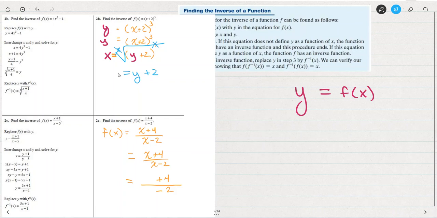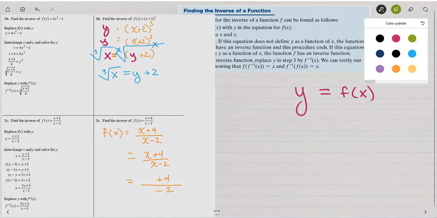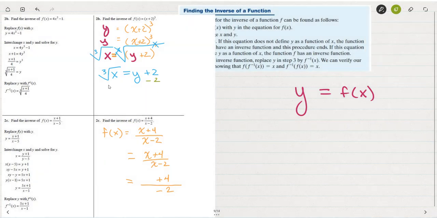And if I cube root the right, I've got to cube root the left. Don't get too carried away with this, because to solve for y, all I need to do is subtract the 2. When I subtract 2 from both sides, I have y, because these 2's cancel each other out, equals the cube root of x minus 2. That's all there is to it.